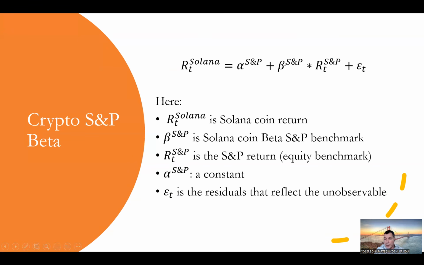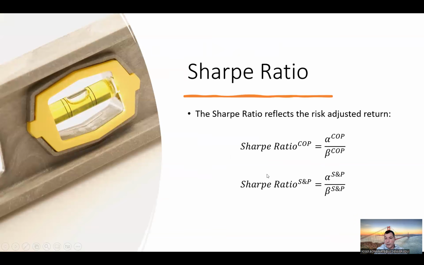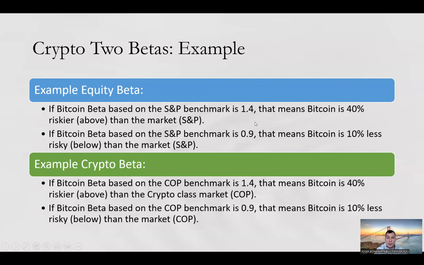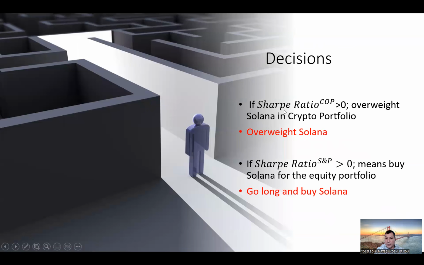We're going to estimate this model and calculate beta and alpha with the S&P, and then do the same, calculating the alpha and beta for the crypto overall portfolio, built on this formula. Based on these two Sharpe ratios, we're going to estimate them and make a financial decision. If the Sharpe ratio for the crypto overall portfolio is greater than 0, then overweight Solana in the example I have.